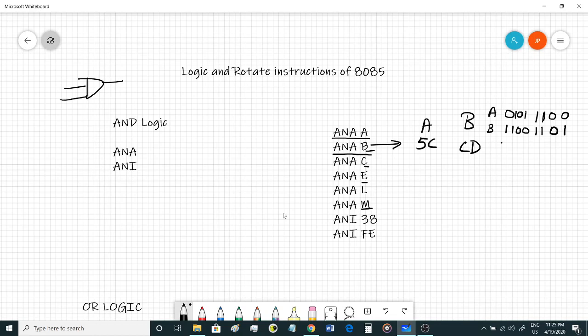Here ANA B will do a bit by bit operation. It will AND each of the bits.